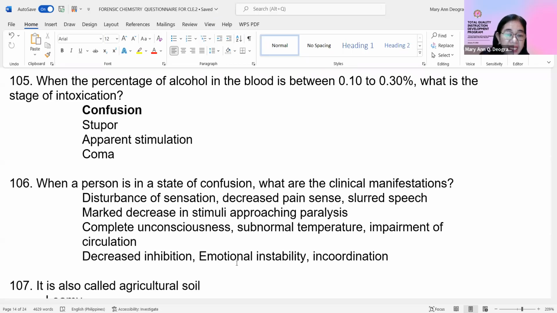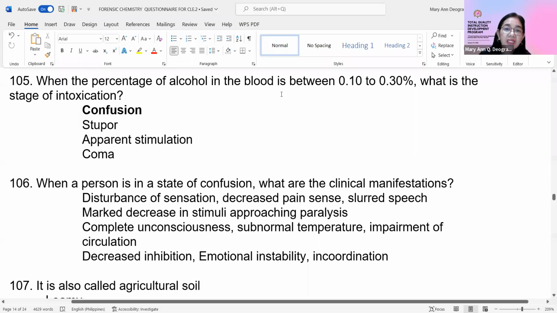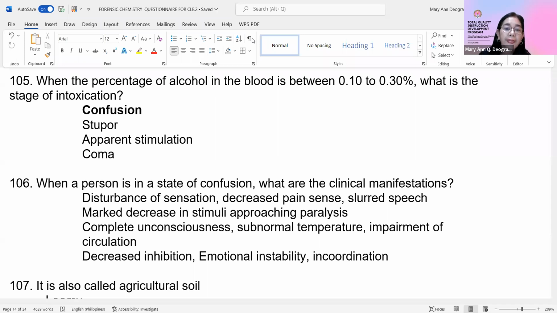Paralysis, hindi. So mag-eliminate kayo. Eliminate natin yung B and C. Which of the two is the correct answer? Is it letter A or letter D? Confusion. Okay, it's letter A. Yes. Ito kasi letter itong instability is stimulation itong letter D natin. So it's letter A ang sagot.